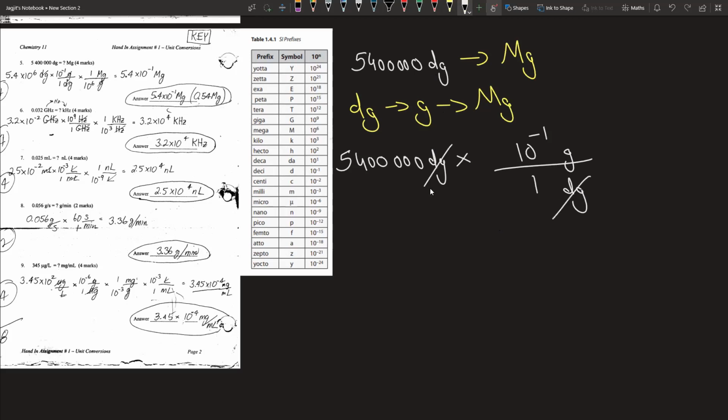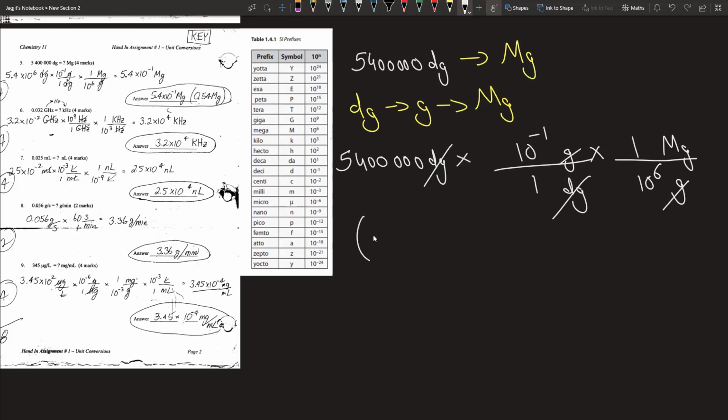Okay, decigram cancels. So now I have it in grams, but I want to convert it to megagrams. So I put grams at the bottom and megagrams at the top. Megagram is non-regular. I put 1 beside it. And what does capital M mega stand for? 10 to the power 6. Okay. So grams cancels now.